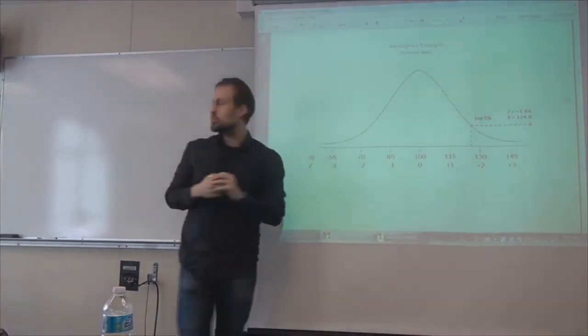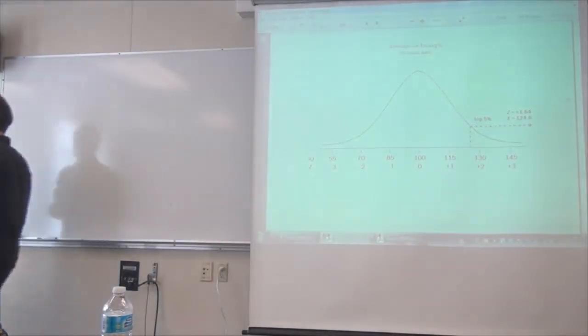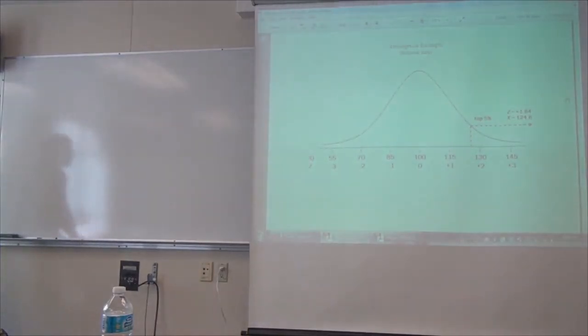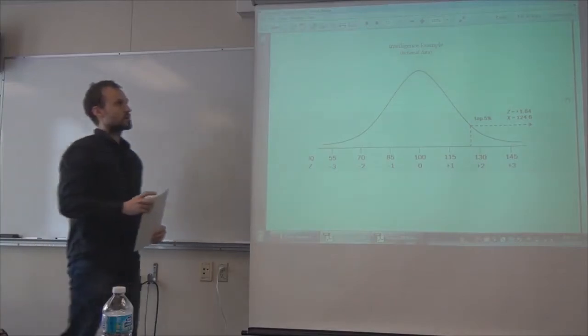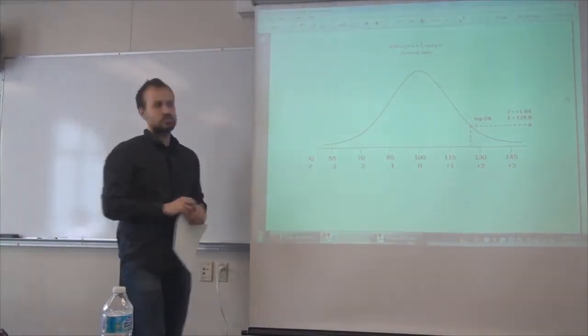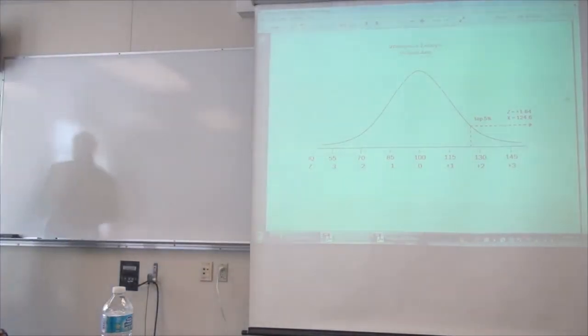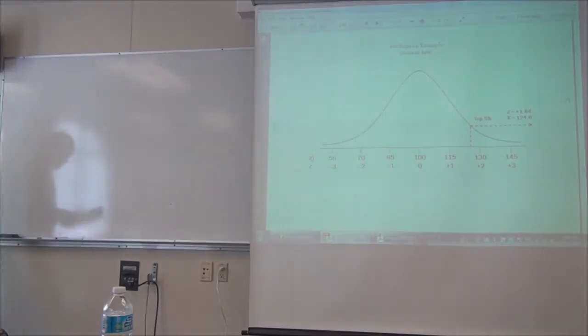So I don't want it too big, but I don't want it too small either. Something in the middle, and 5% is often a good one to use, and we'll use that one very often. But some people do prefer 1%.